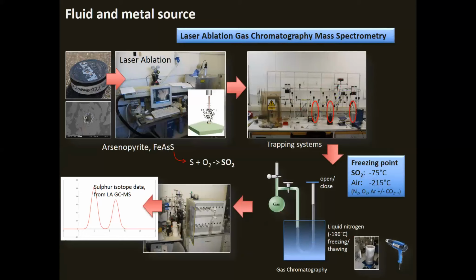As you can see in the upper picture here, we use 3 different traps to purify the sample more and more to get rid of as much air as possible. When we have the sample ready from the trapping system, we will put it into the mass spectrometer, which is the lower left picture, this one. And from that, we will measure the sulfur isotope data that we get from each sample.